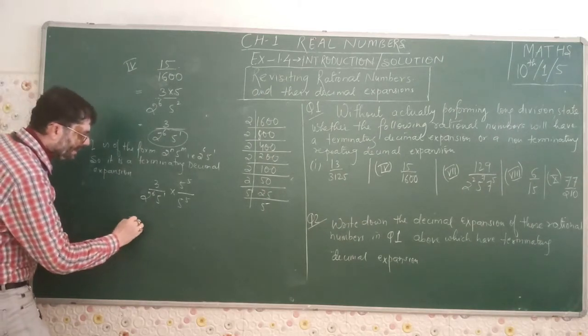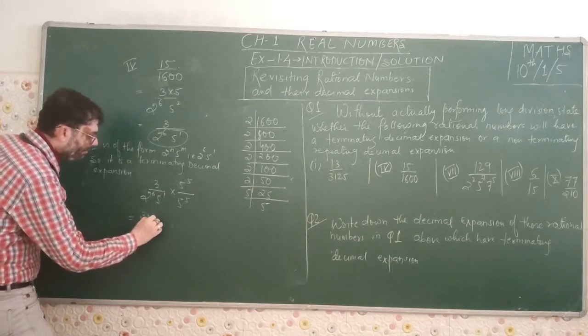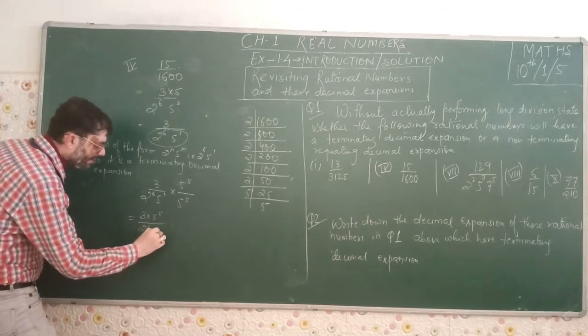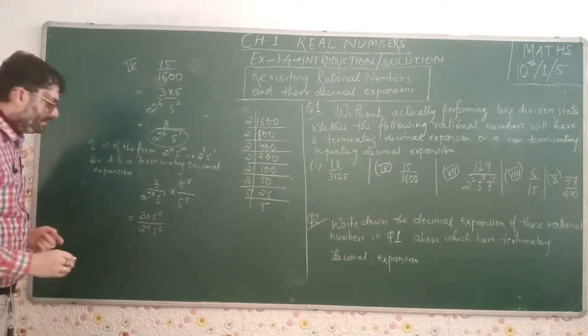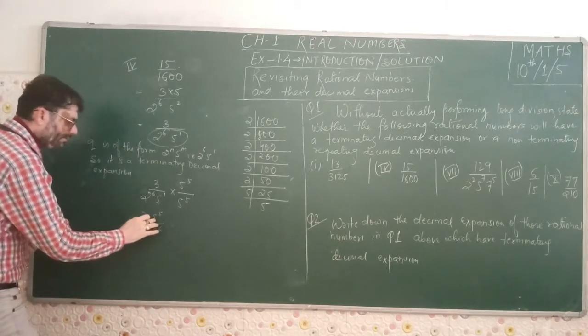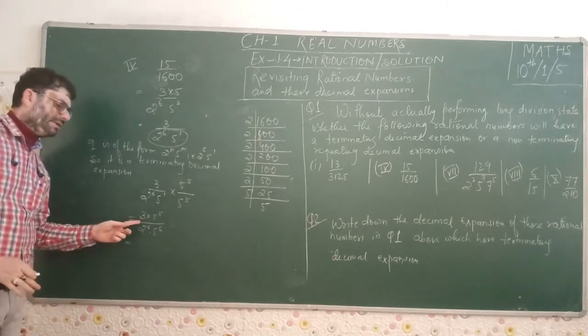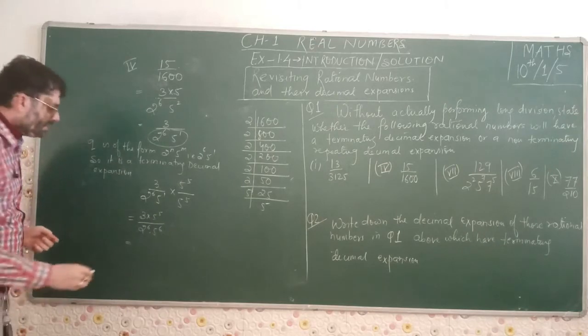And this can be written as 3 into 5 to the power 5 by 2 to the power 6 into 5 to the power 6, where 5 to the power 5 is 3125. If you multiply it with 3, this becomes 9375.